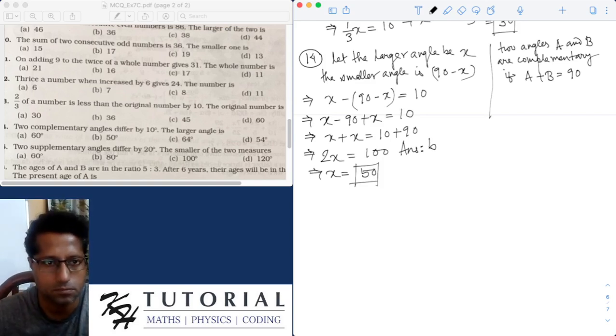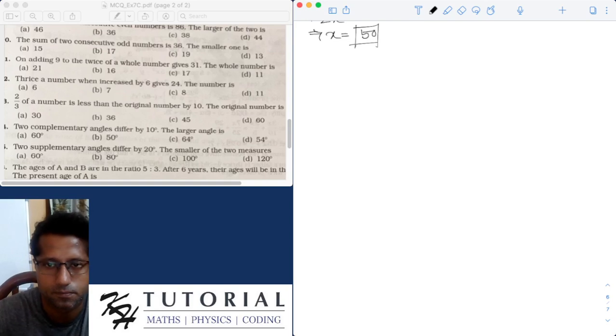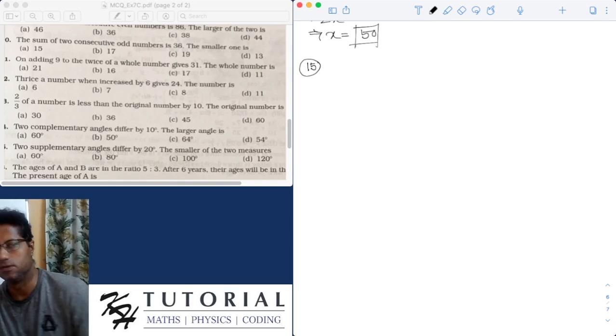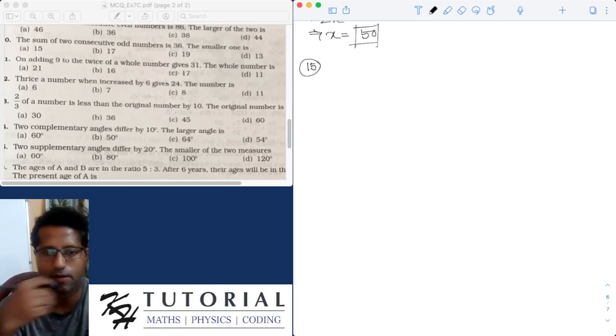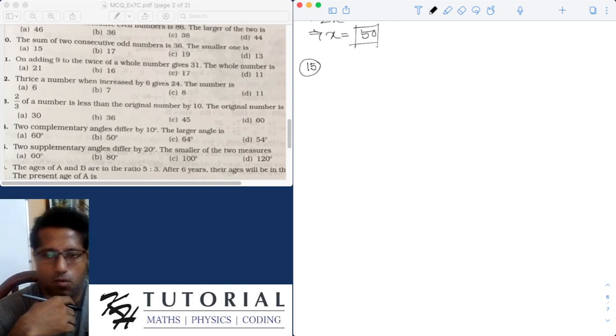Okay. Let's do the next question, that is 15. Question number 15 says two supplementary angles differ by 20. The smaller of the two measures is... Now also, as far as my knowledge is concerned, two angles are said to be supplementary when their sum is 180 degrees. So it is asking to find the smaller of the two angles.